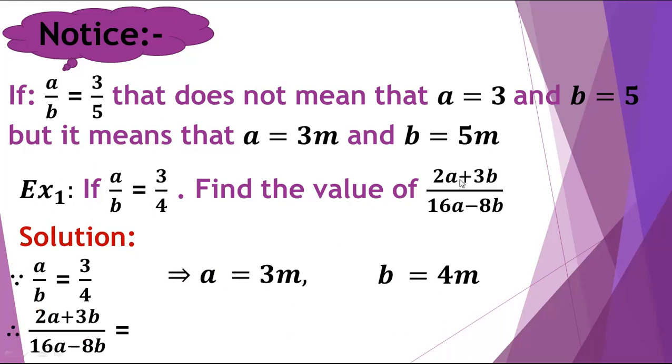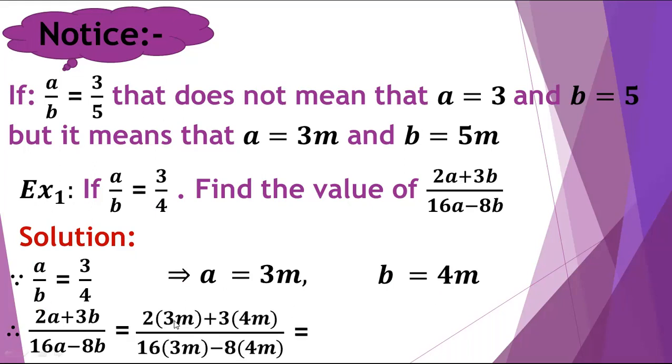Now we can replace the letter A in the expression by 3m, and the letter B by 4m. 2a means 2 times 3m, because A is equivalent to 3m.